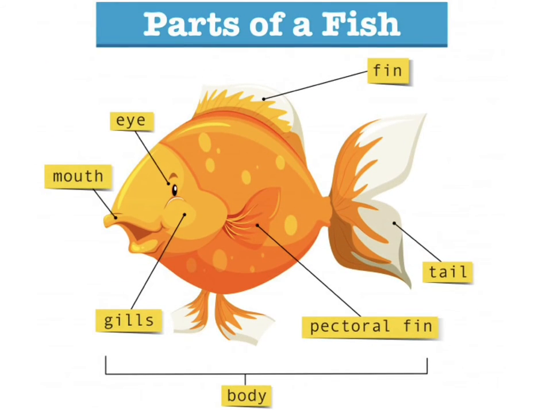Let's name the parts of the fish body. The fish has a head with 2 eyes and a mouth. It has gills to breathe. It has fins and tail to swim.